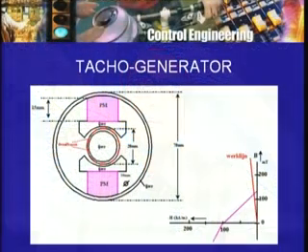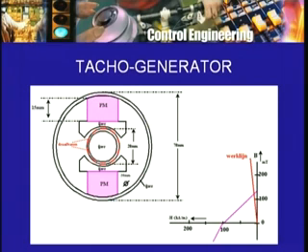You have a very small generator because you are not interested in producing power, you only want to get an indication of the speed of the motor. That is, you want to measure the speed of the motor. So a small DC generator is mounted on the same shaft, and because it measures speed, the Greek root for the word speed, tachos, is involved. This generator is called a tacho generator.